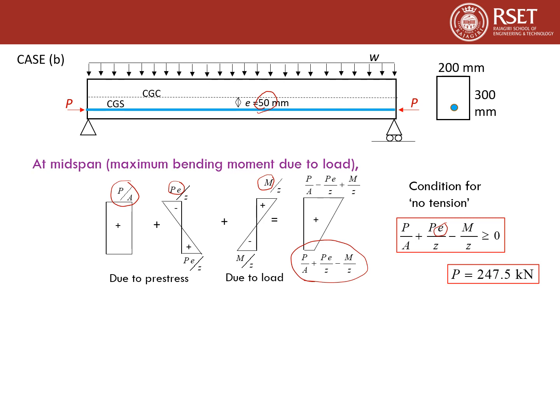So if you look at the earlier slide, we got a much higher force. It came to 494.5. Now the pre-stressing force requirement has reduced by just providing an eccentricity of 50 mm. So this is a much better profile compared to the earlier concentric cable. We are able to achieve a no tension condition with a much lesser pre-stressing force.